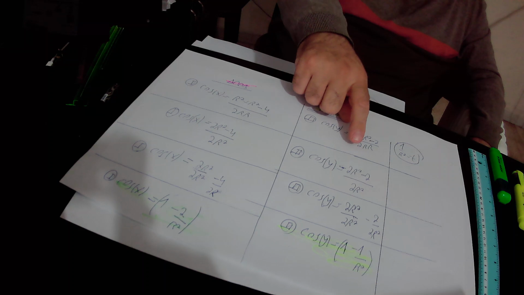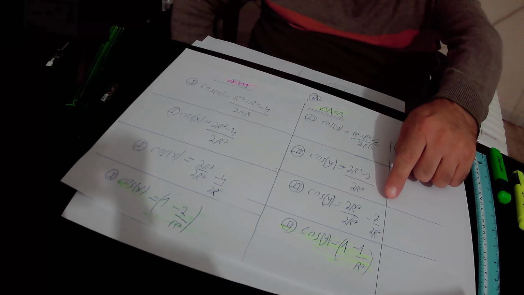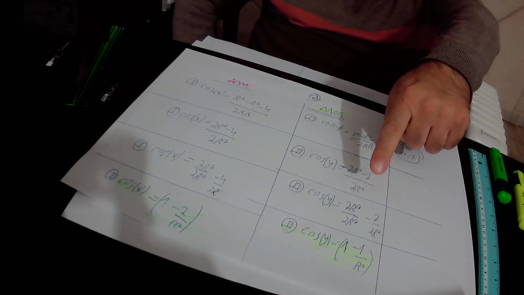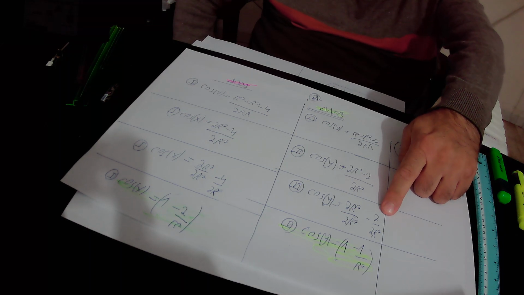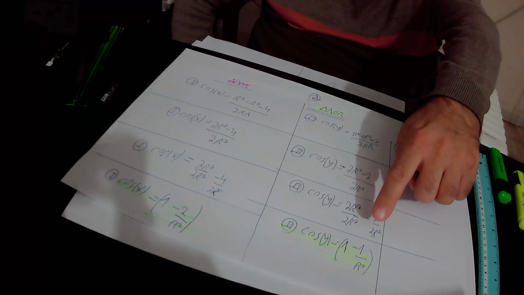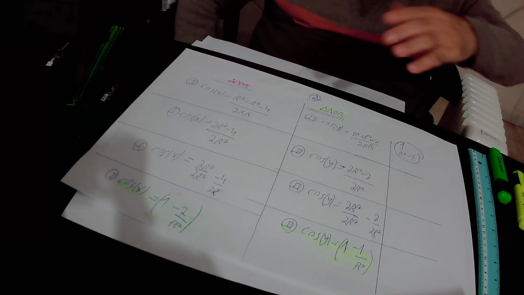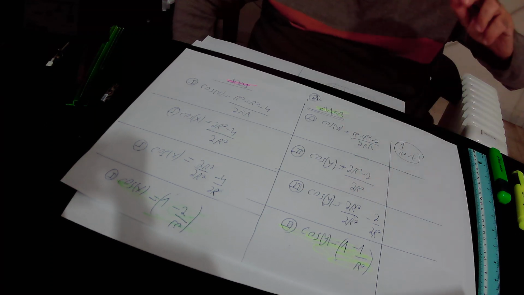The first part is 2r squared over 2r squared, and the second part is minus 2 over 2r squared. Okay, so 2r squared over 2r squared is 1, and minus 2 over 2 is minus 1. So in the numerator we have minus 1, and in the denominator we are left with r squared. So according to equation number 2, cosine y equals 1 minus 1 over r squared.